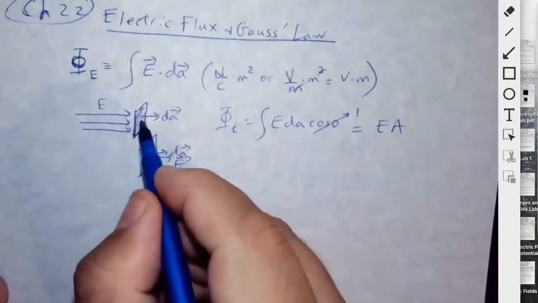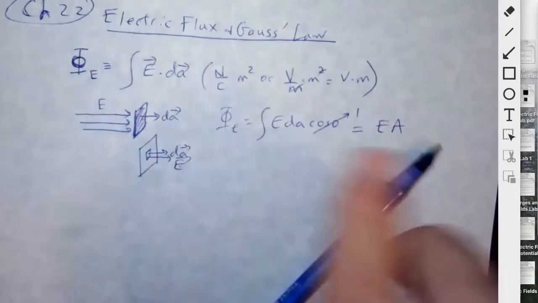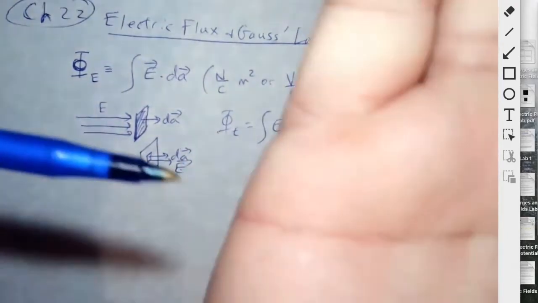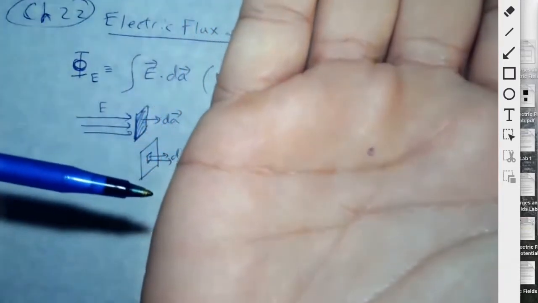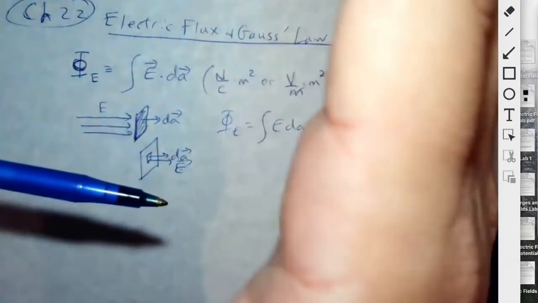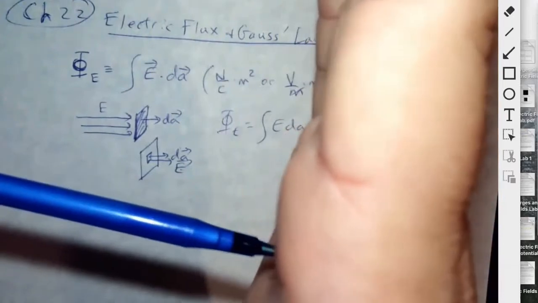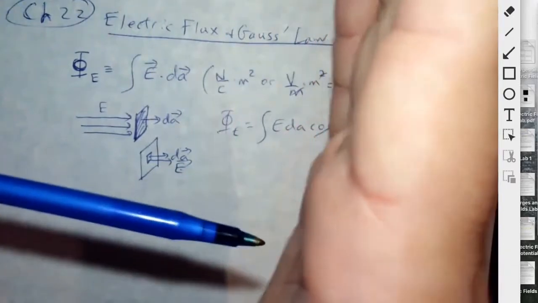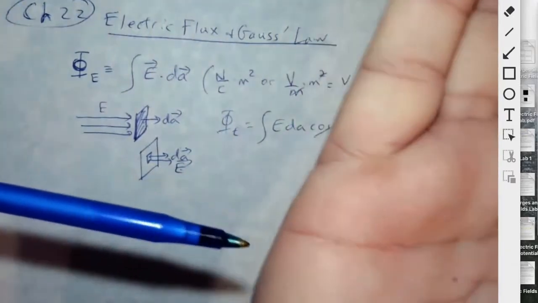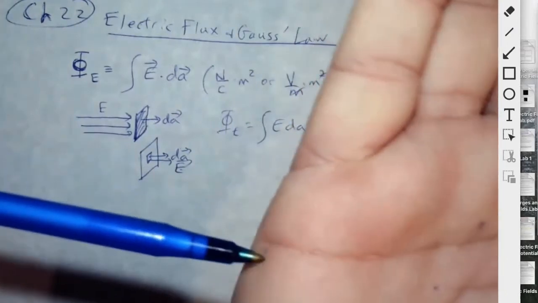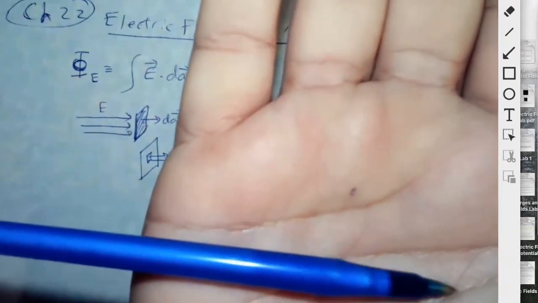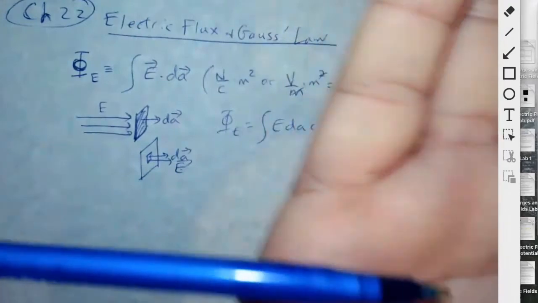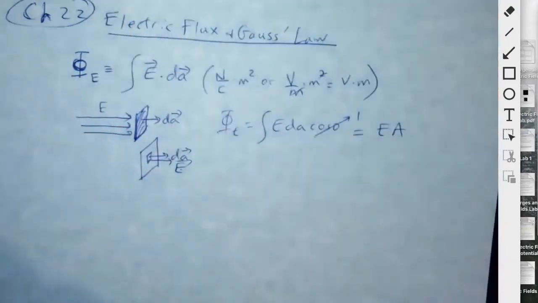Okay, so now if I bend my hand like this, before I had it like this, so all the electric field is fully going through my hand. Now if I bend it like this, none of the electric field will go through my hand. It will just glide over. So I'm expecting the flux to be 0.